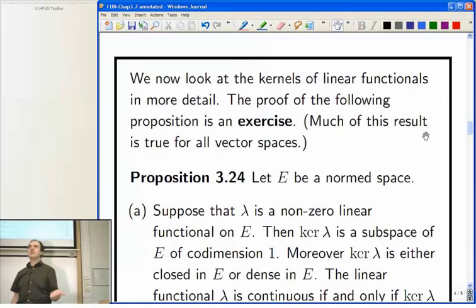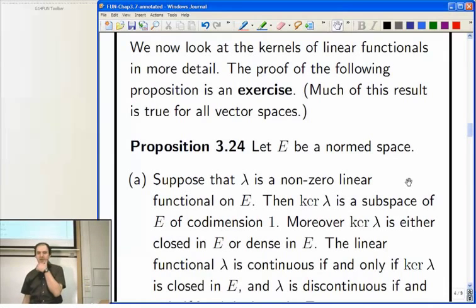So when you look at a linear functional, there's only two possibilities. Either the image is the whole thing, or the image is zero, which only happens when you're dealing with the constantly zero linear functional, which is rather boring. But that is one of the options. So there's the zero linear functional, and then there are the non-zero linear functionals, the ones where there's at least one point which you don't get the value zero. And that's what I'm going to look at here.